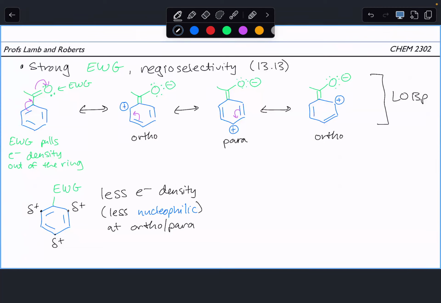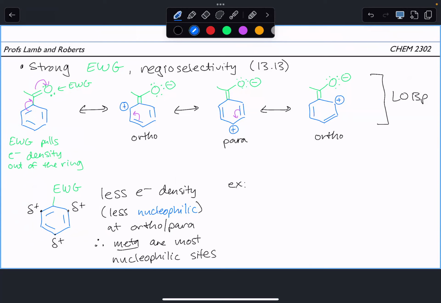So if it's worse at its job in the ortho para positions, then relatively meta is where it's going to go. So therefore, meta are the most nucleophilic sites. And it's not because it has extra electron density, it just means that it's not as bad, because we're still pulling electron density out of the ring, but relatively, it's still more nucleophilic than the delta positive ortho-para sites.